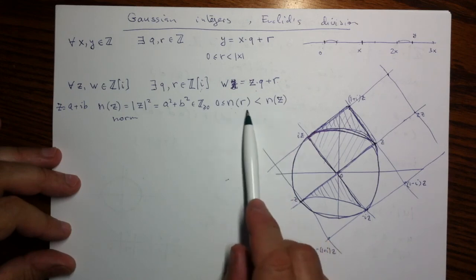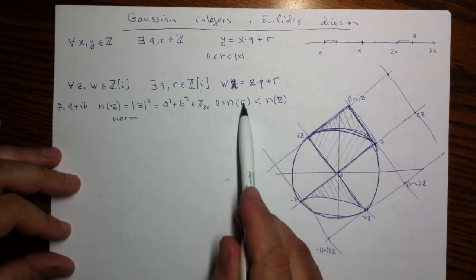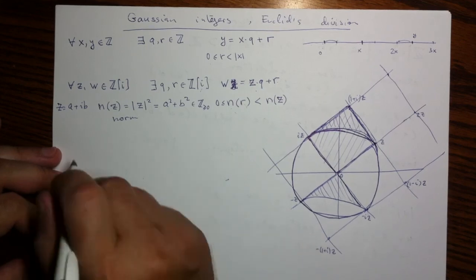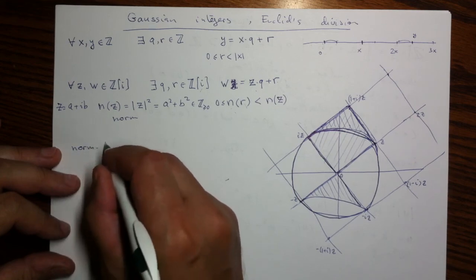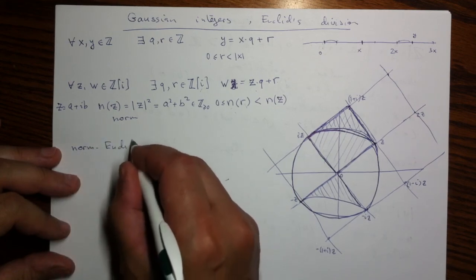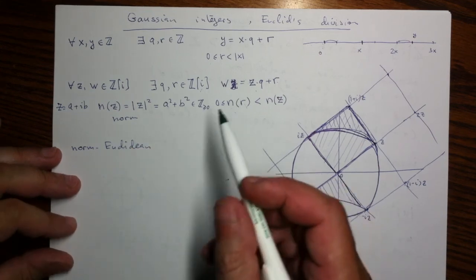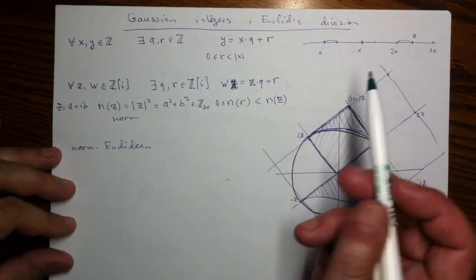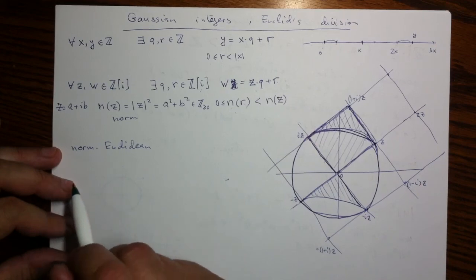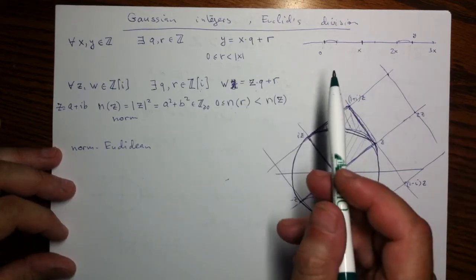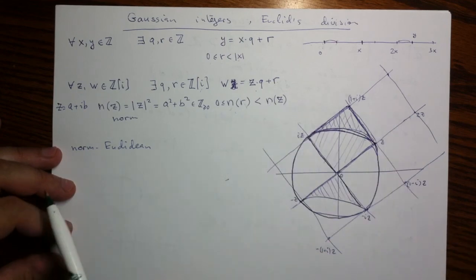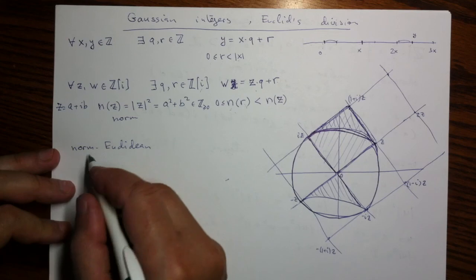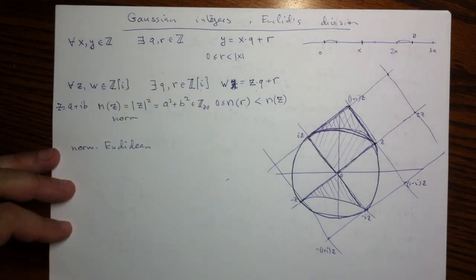The fact that I'm using the norm to measure the smallness of the remainder is reflected in the name, so the Gaussian integers are technically called norm Euclidean. And here we can also say it in terms of the norm. The norm is just the absolute value for integers, and we still can have this inequality stated there. So that is our conclusion, that Gaussian integers are norm Euclidean.